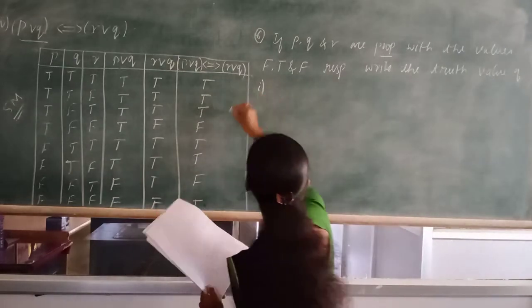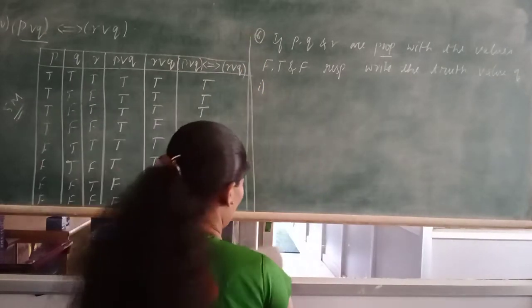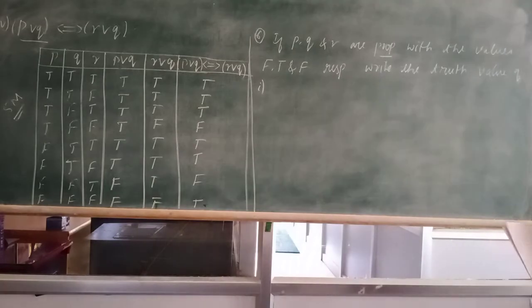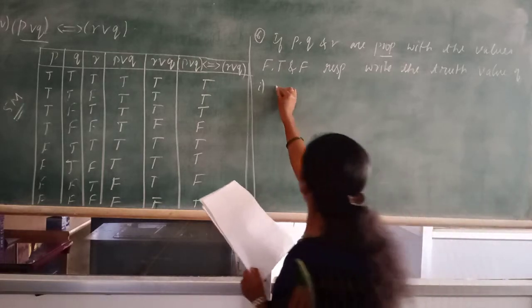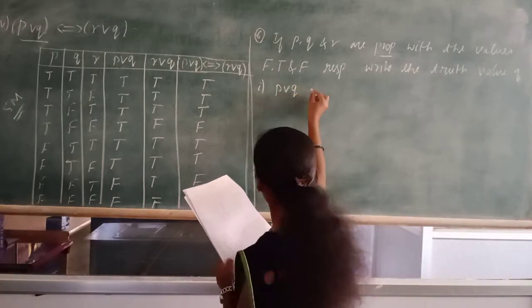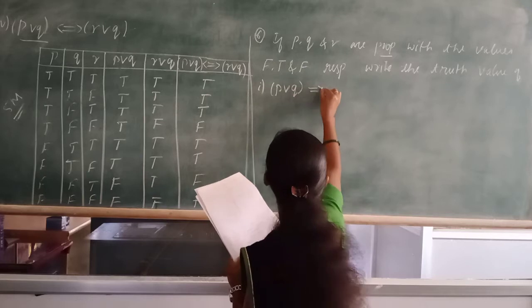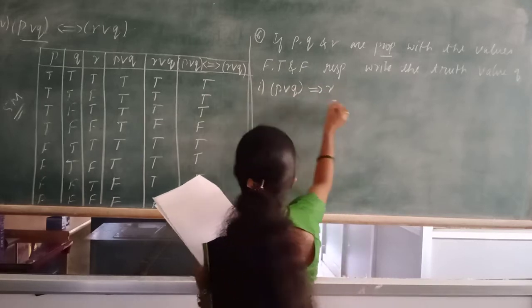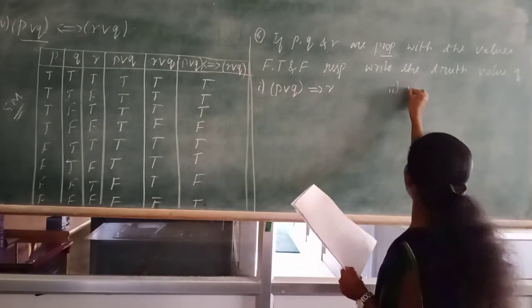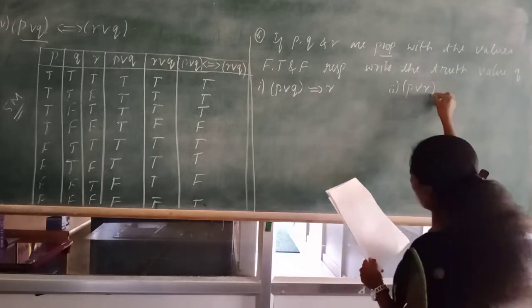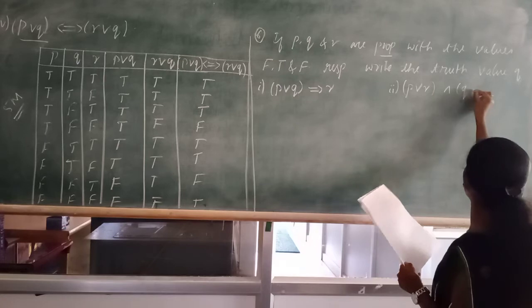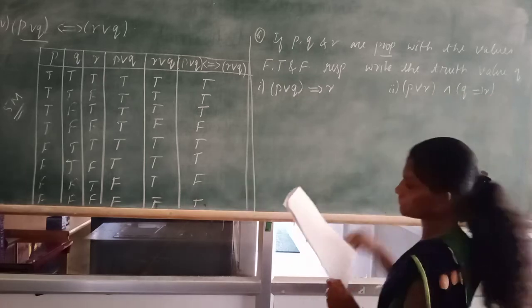There are three problems given. First, (P ∨ Q) implies R. Second, (P ∨ R) and (Q implies R).